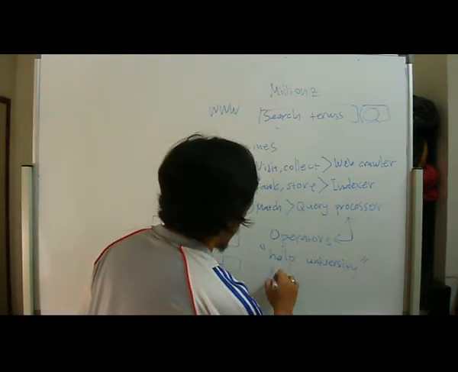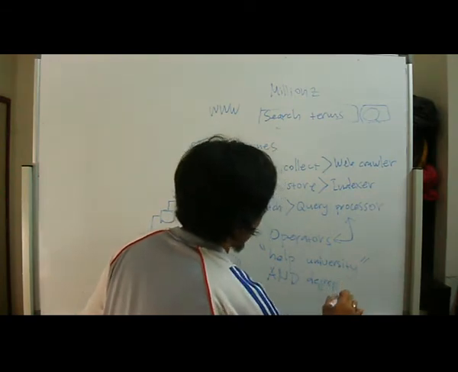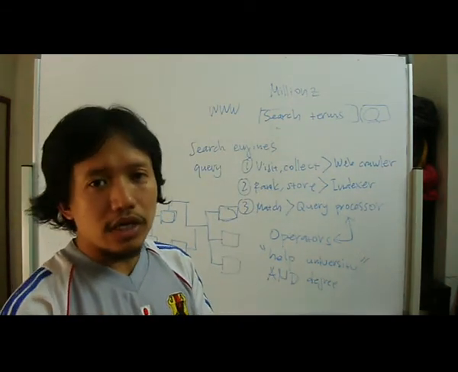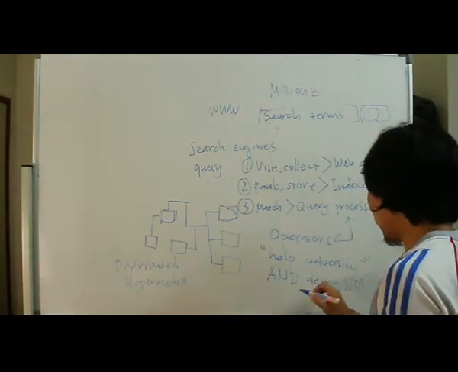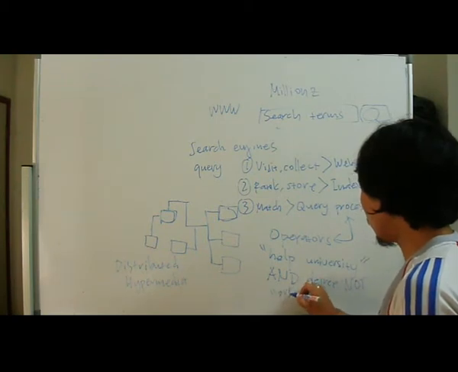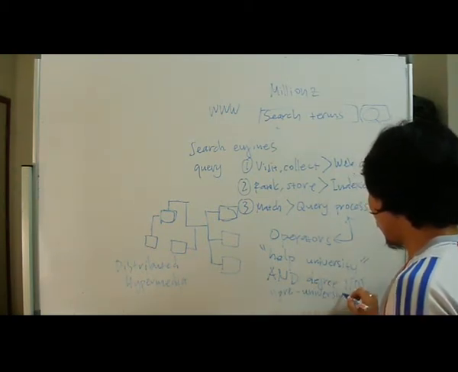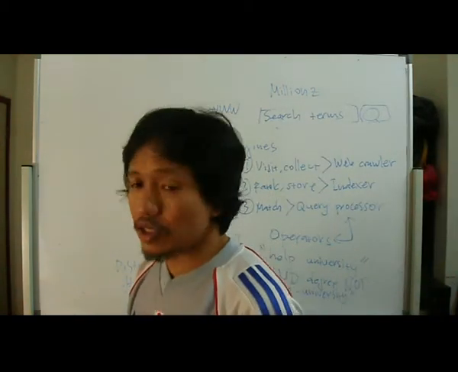So you can say, and degree, for example. You can say, I don't want A levels or foundation, etc. So you can say, not pre-university, for example, right? So you can mix and match these operators.